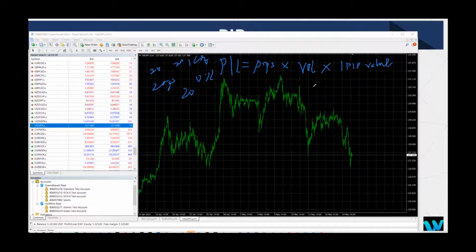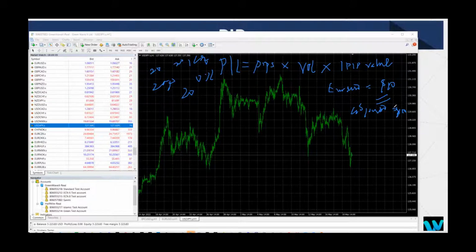Every currency pair has its own pip value. For example, for Euro US dollar, the value of one pip is $10. GBP US dollar is also $10. Australian dollar US dollar, New Zealand US dollar, they are all $10.